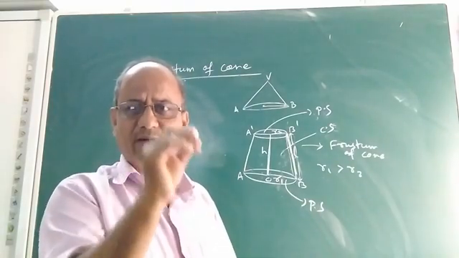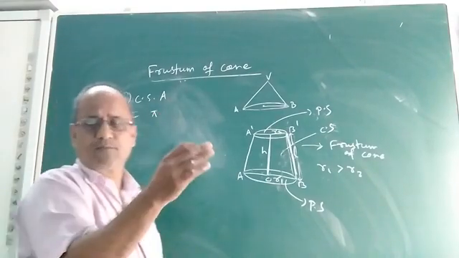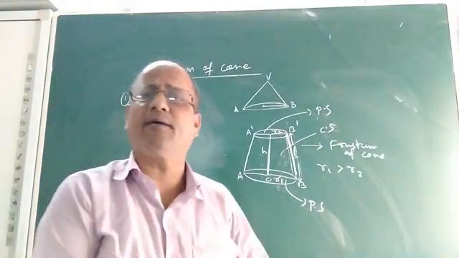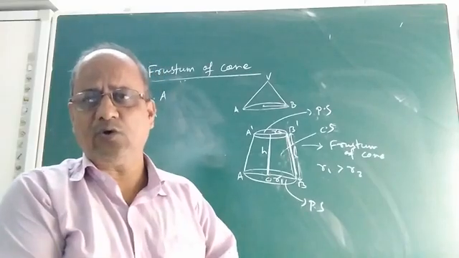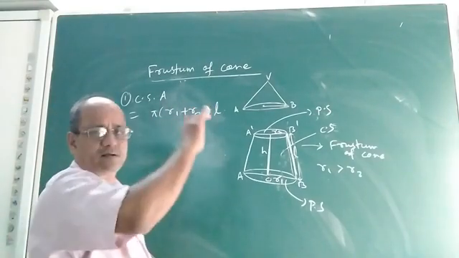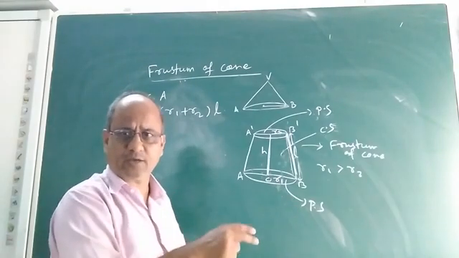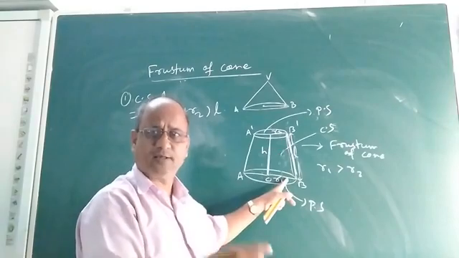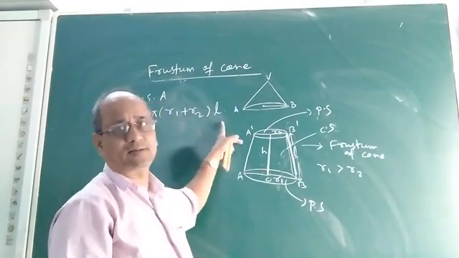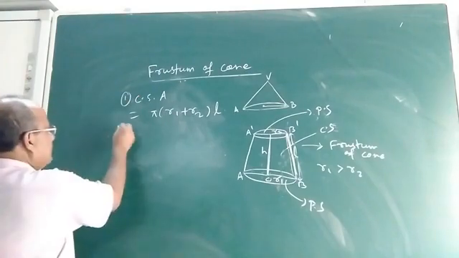So in case of a cone it is pi r L, but in case of a frustum of cone, it will be pi into (r1 plus r2) into L. Just r is replaced by r1 plus r2, because in a frustum of cone there are two radii, r1 and r2, two flat circular ends, each having a different radius. So pi into the sum of the radii of the two flat surfaces multiplied by the slant height will give you the curved surface area of a frustum of cone.